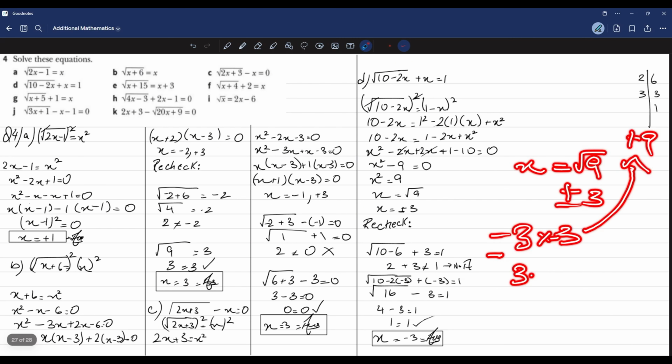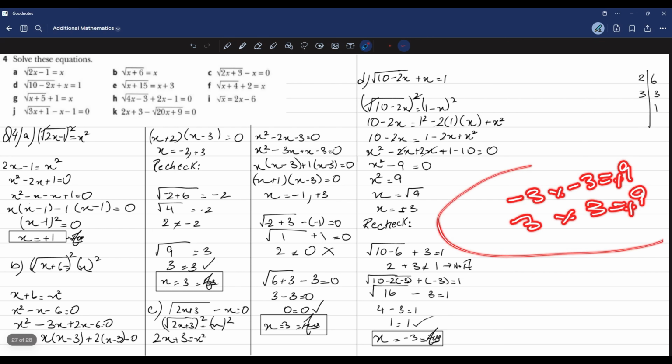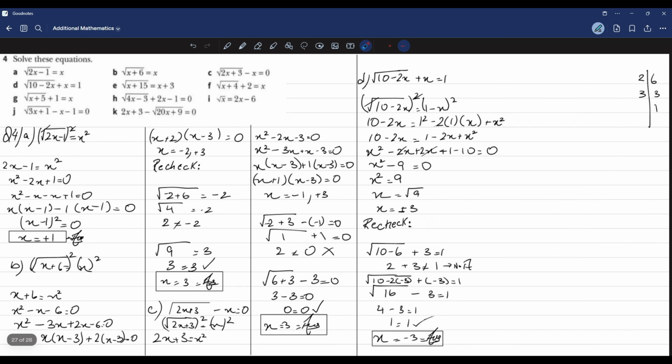However, 3 multiplied by 3 also creates positive 9. As we can see, both of them create the same result, and that's why we have to take both into consideration. I hope that's clear.